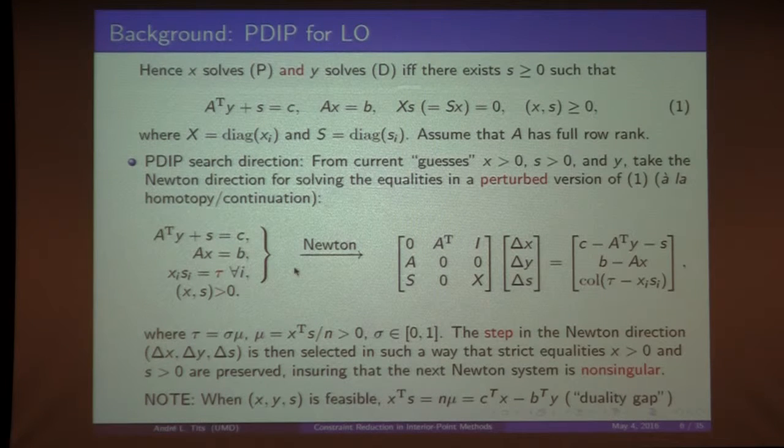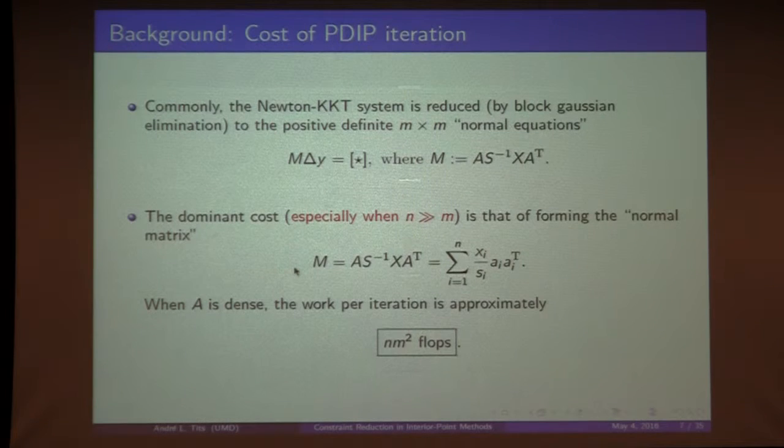We are trying to narrow them down because at the solution, Vp is equal to Vd. Currently you have a gap, and if your points all satisfy the primal and dual constraints, then that gap is equal to x transpose s. Okay, so that's the primer on linear programming and interior point methods.